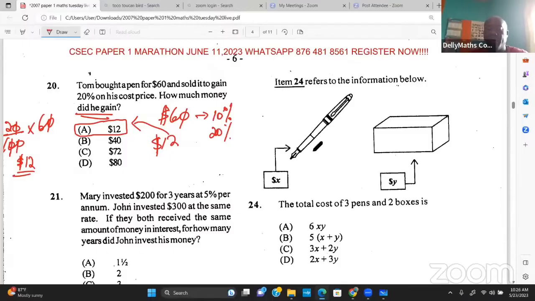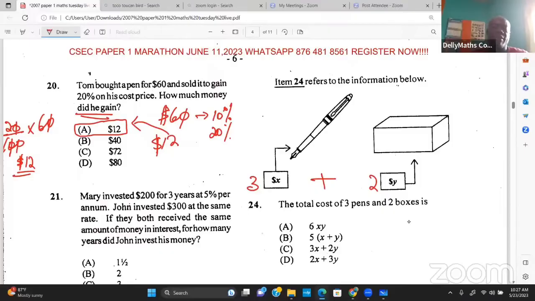All right, let's look at item 24. Let's pay attention. It says item 24 refers to the information below. I'm seeing X dollars for the pen, Y dollars for the box. The total cost for 3 pens and 2 boxes. So you want to put together the idea, 3 pens, 2 boxes, total.